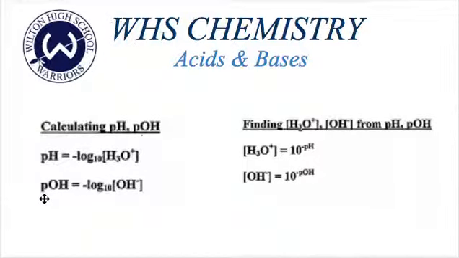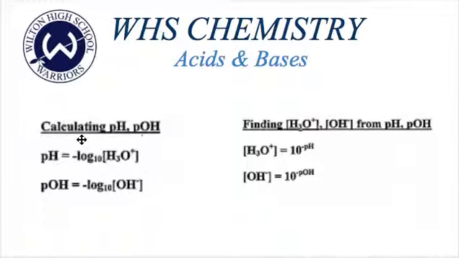And then if you want to calculate the pOH of a solution, you would do the same thing you did with the pH, but instead of taking the concentration of hydrogen ions, you would do the concentration of hydroxide ions. As you can see, in the brackets is OH minus. And then that's how you find pH and pOH.